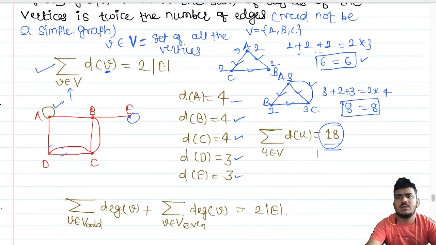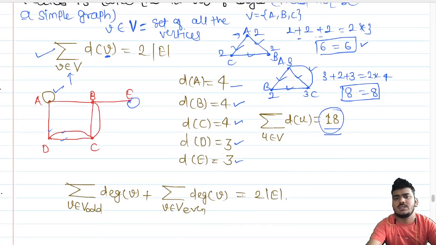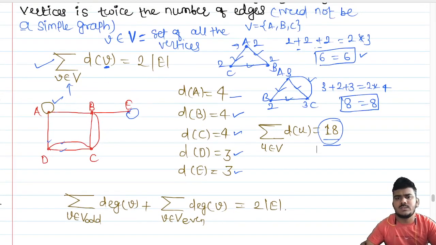Another way we can write this is, suppose we have the odd degree vertices here. How many odd degree vertices are there? There are two odd degree vertices. So this theorem can be modified like this: we have split V into V odd and V even.